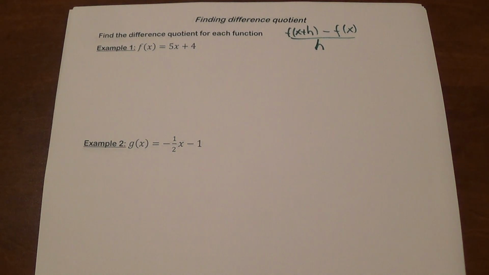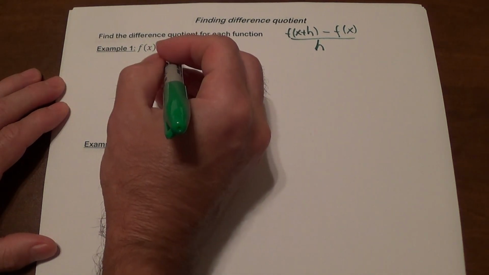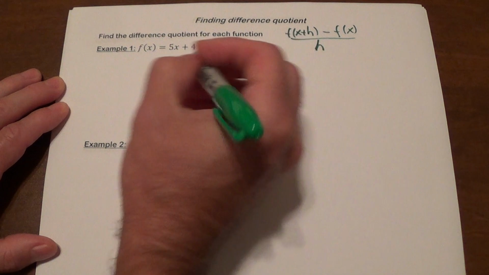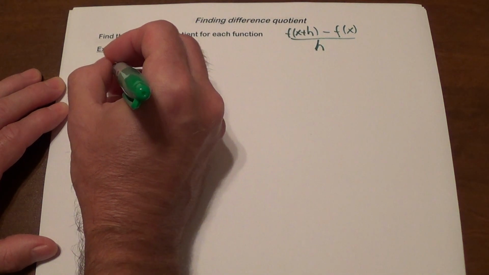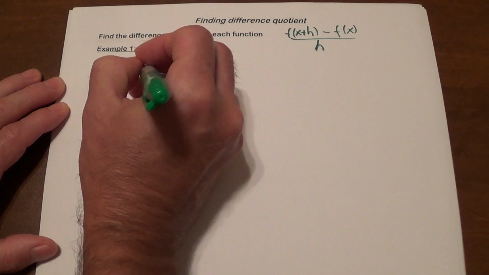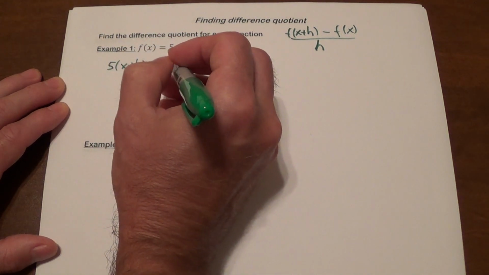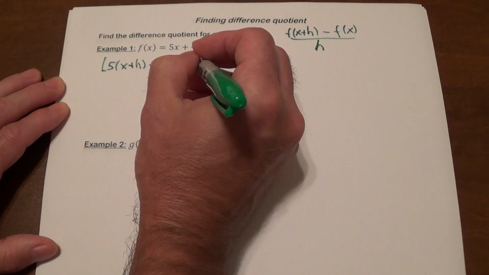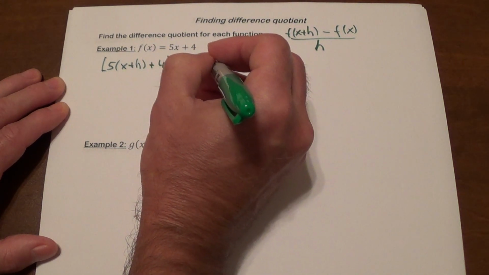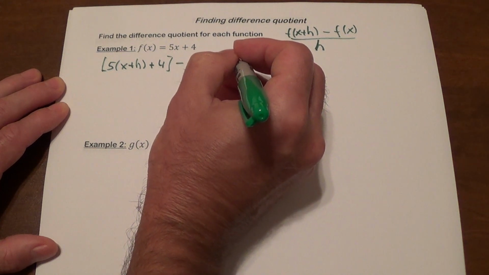That means we are going to substitute x plus h instead of x here. And it's going to be 5 times x plus h plus 4. It's the first part of the setup minus. Then it's always going to be the formula itself.